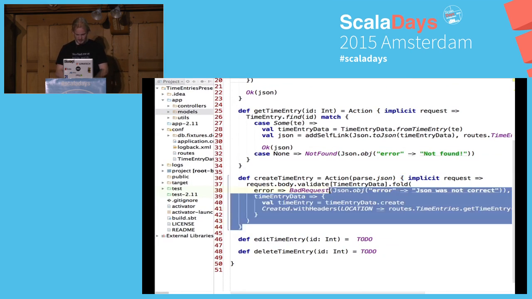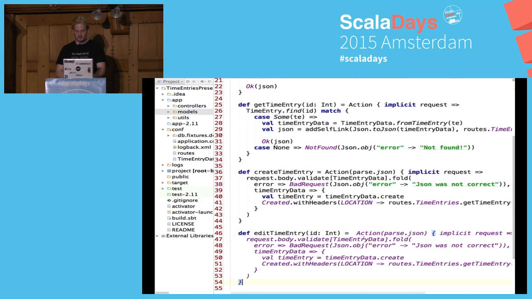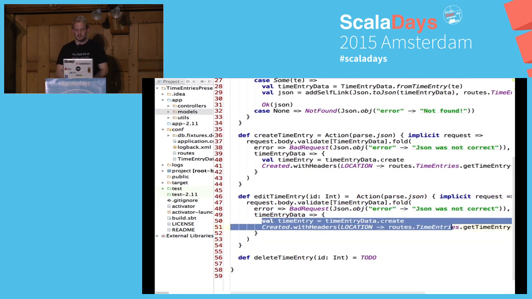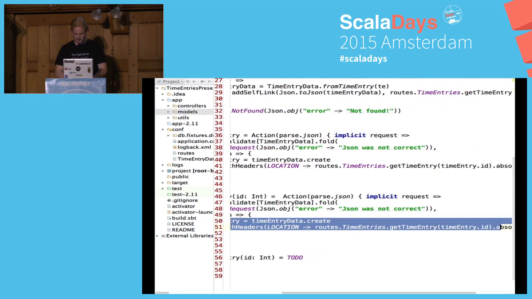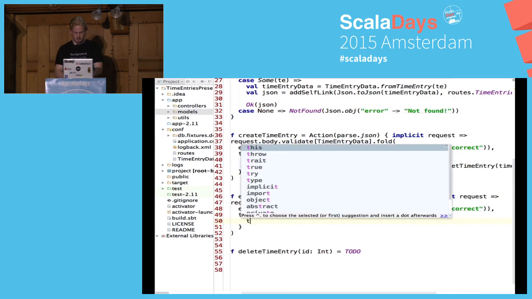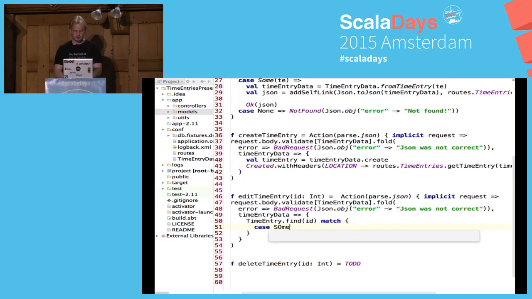And we also want to edit time entries. That's basically exactly the same as creating a time entry, but once you have the actual time entry data, you first want to make sure that it actually exists. So we'll be using the TimeEntry.find method on the ID, and that gives back an option that we can match on. In this case, Some time entry.